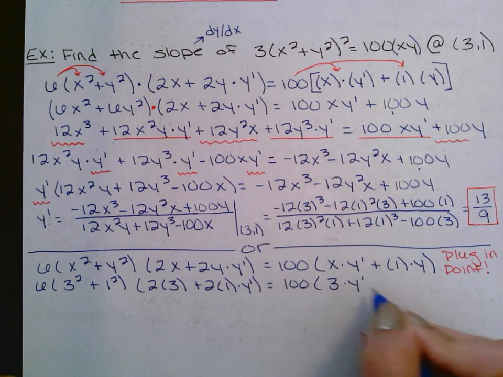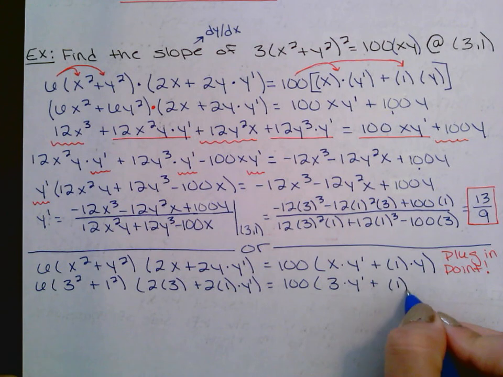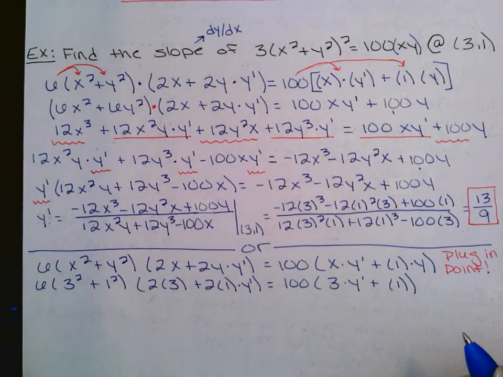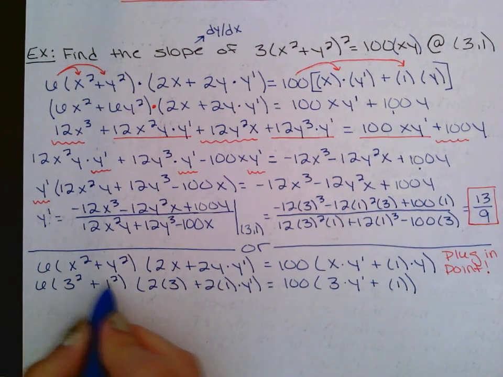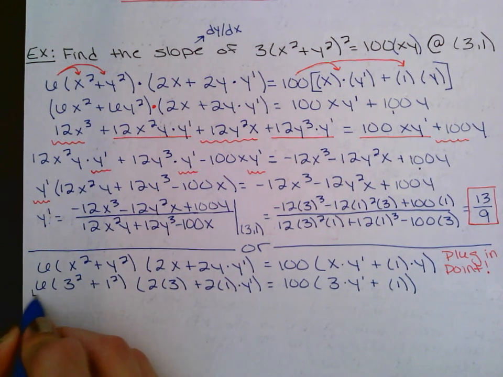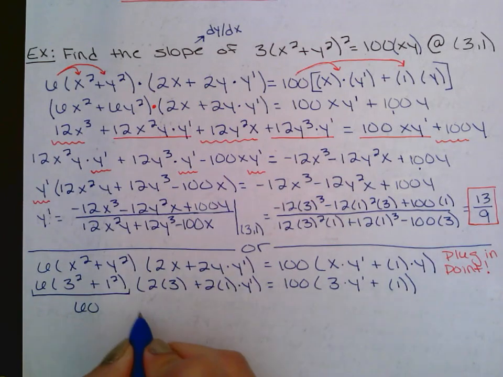3 times y prime plus 1 times y is just y, so I'm just going to put my y, which was 1. Okay? Now at this point, it's much easier to work with things because I can say 3 squared is 9 plus 1 squared, this is 10. So this portion right here gives me 60. Okay?